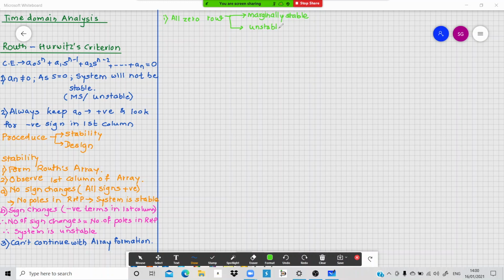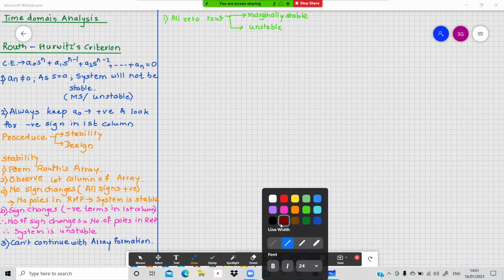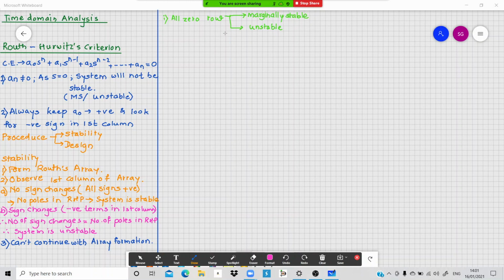As soon as all the elements become equal to 0, that means the possibility is you have a pair of poles, one on this side and one on that side, plus a and minus a, so unstable system. You may have complex conjugates on the imaginary axis.